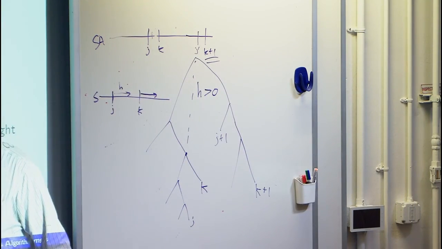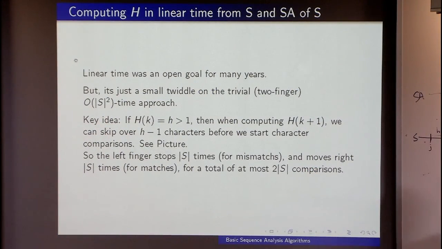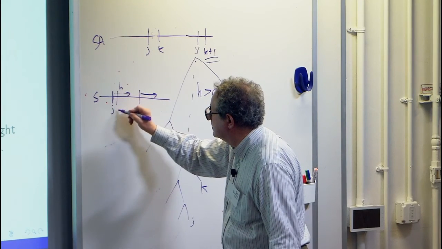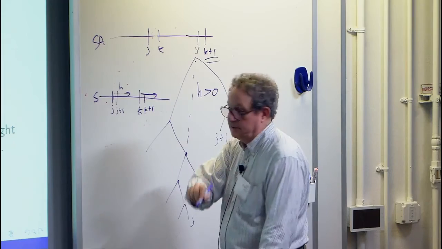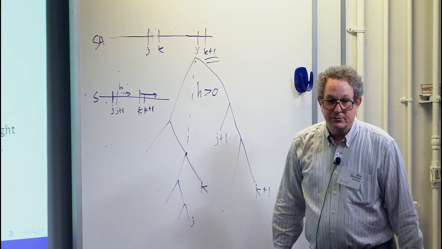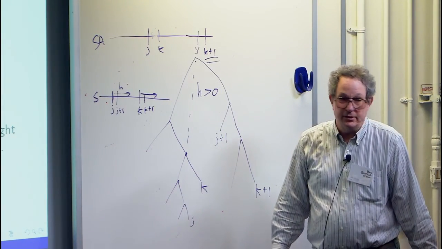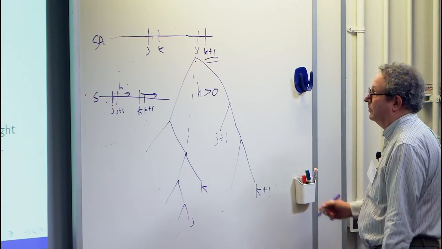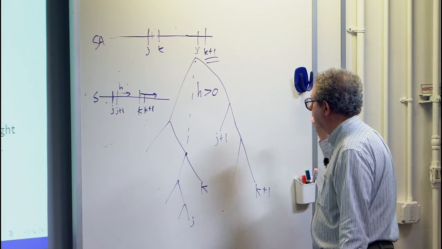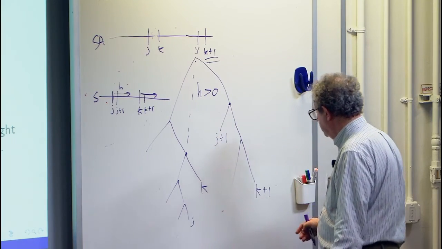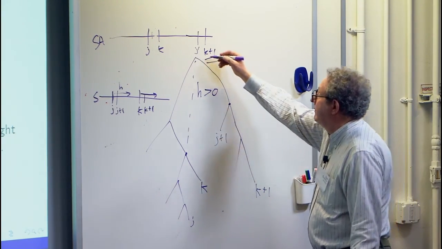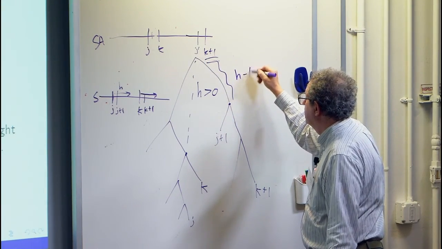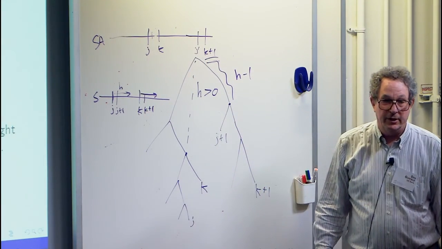And h is bigger than 1. So what is the length of the longest substring that starts at j plus 1 and k plus 1? It's h minus 1. Okay, it's exactly h minus 1. So between k plus 1 and j plus 1, this is length h minus 1. Okay?